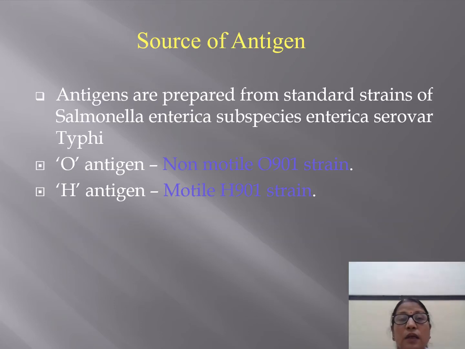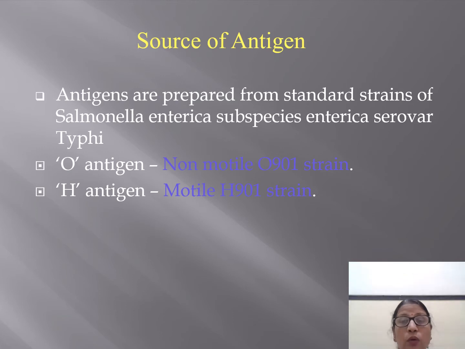So antigens are prepared from standard strain of Salmonella enterica, subspecies enterica, serovar typhi. O antigen is prepared from non-motile O901 strain. Non-motile, why?